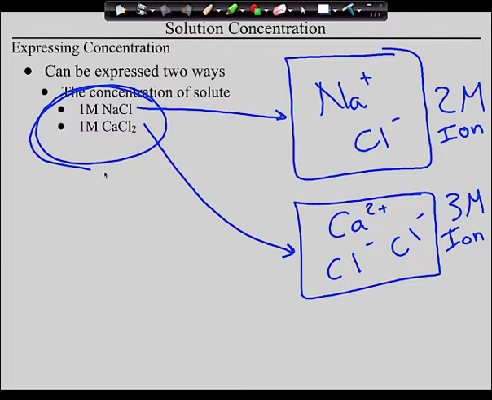And he would propose that we are crippling high school chemistry students by telling them there is such a thing as a 1 molar NaCl solution. There is no such thing as a 1 molar NaCl solution. It doesn't exist.